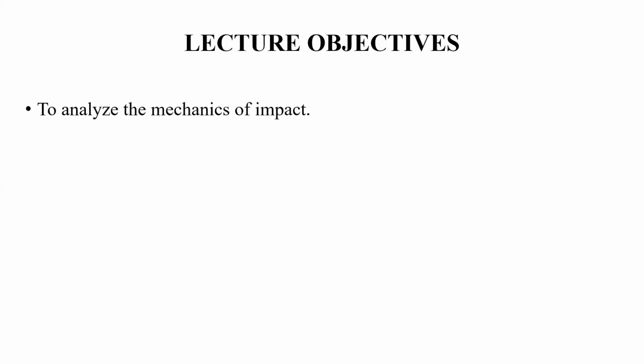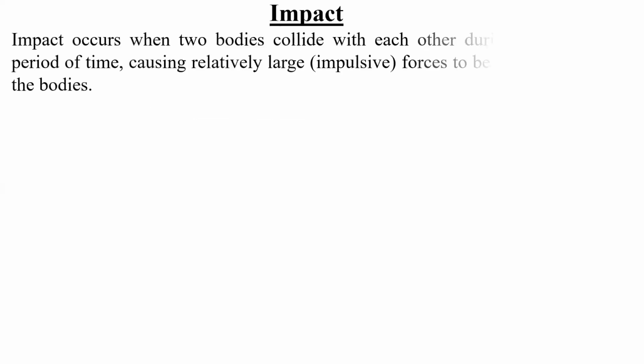The objective for this Part C is to analyze the mechanics of impact. Impact occurs when two bodies collide with each other during a very short period of time, causing relatively large impulsive forces to be exerted between the bodies.